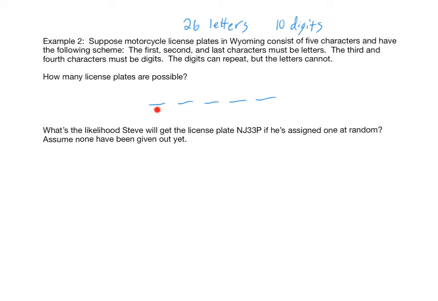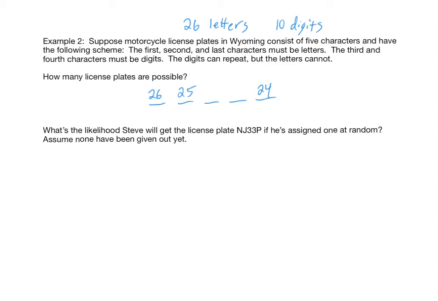So the first, second, and fifth spots are letters, but the letters cannot repeat. So for the first spot, you've got a choice of 26 letters. But whichever letter is used, you then have one less. You can't use that same one in the next spot. That means there's only 25 left. And then once you've used these two, there are only 24 letters left to go in the last spot.